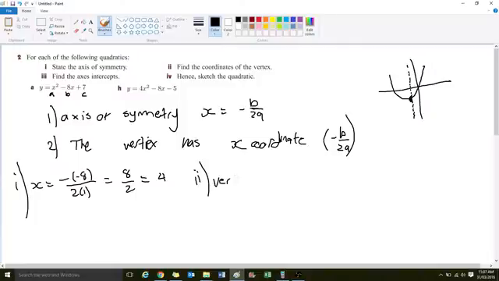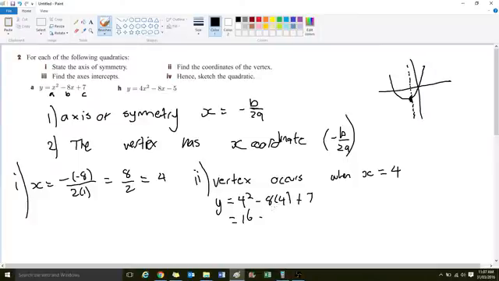Okay, so the vertex occurs when x equals 4, as we deduced before. So all we have to do is put x equals 4 into the equation. So we go y equals 4 squared, take 8 times 4, plus 7. Okay, 4 squared is 16, 8 fours are 32, and then plus 7.